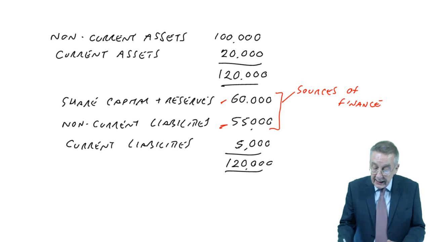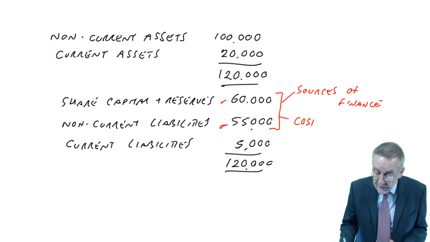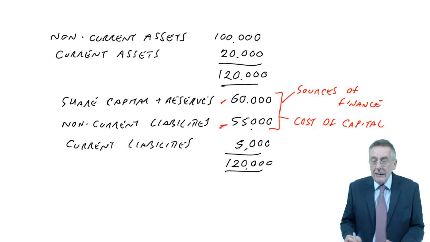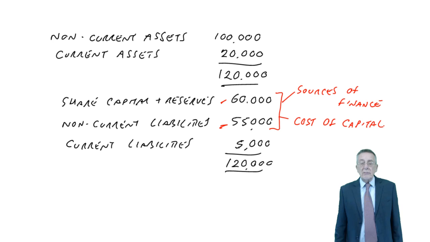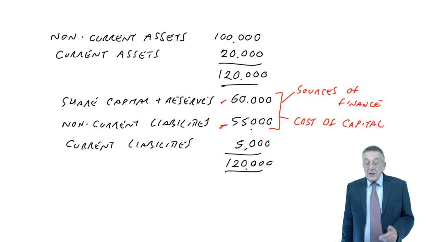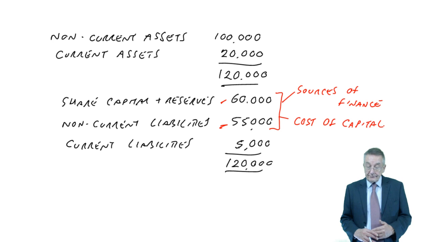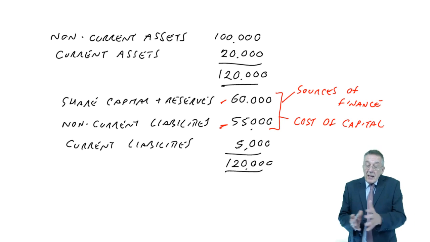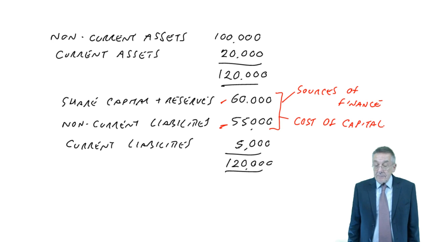And so here there are calculations, what we call the cost of capital. There's quite a lot of little things involved that can be asked in determining the cost of the finance. So those two areas very much go together.